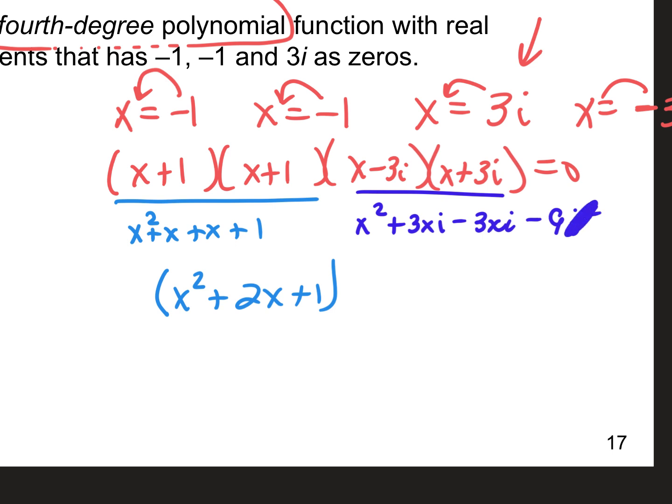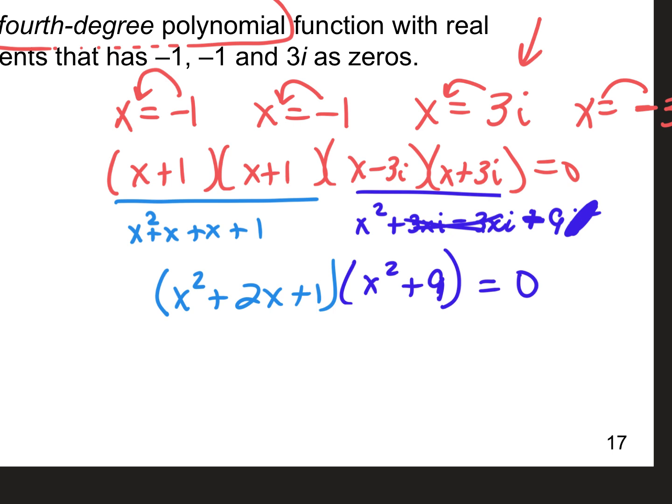You cross it off and change the sign. So when we combine like terms, you have x squared. What happens to your positive and negative 3xi? They cancel, so you just have plus 9. Do you see how your imaginaries disappeared? We put them back together, so now you're not going to have any imaginaries in your final answer because you don't ever have a polynomial that starts off with i's in it. So now what do we do with this?